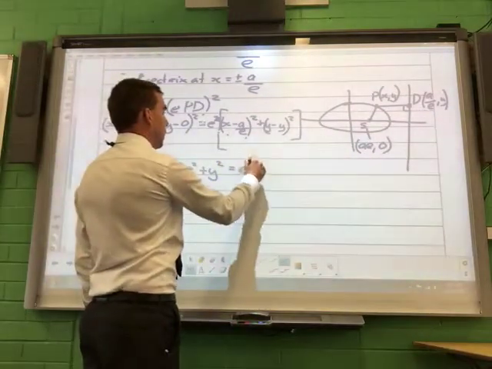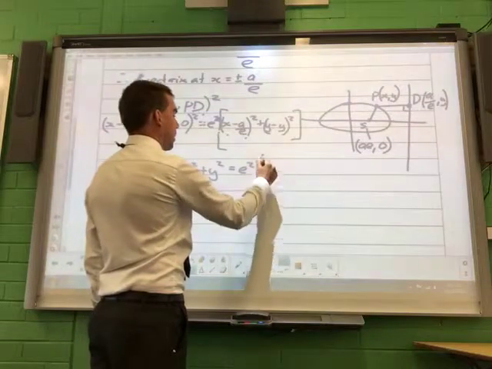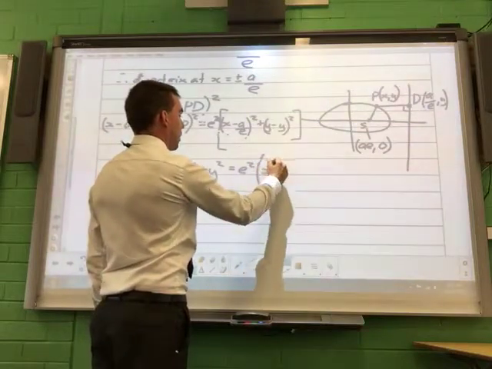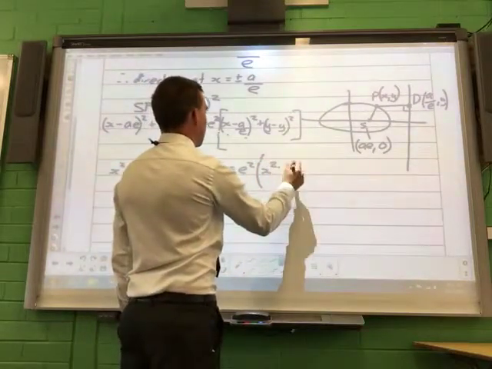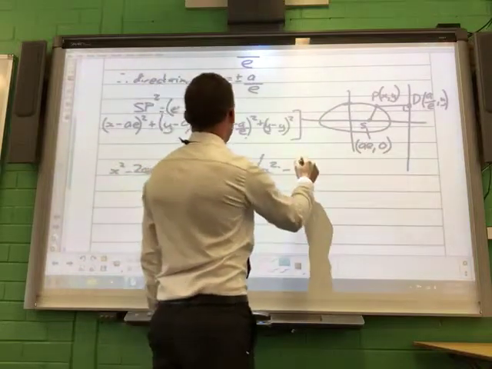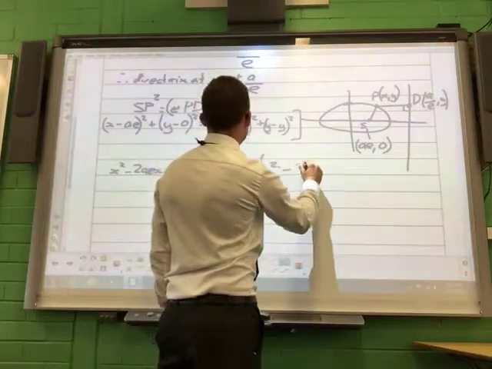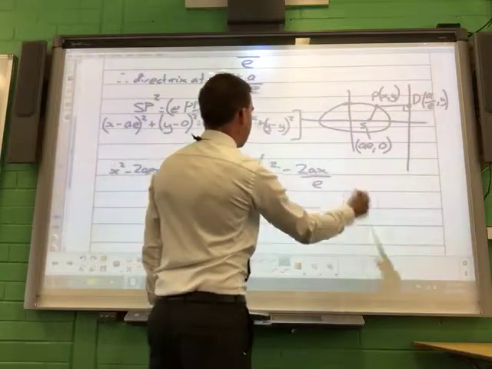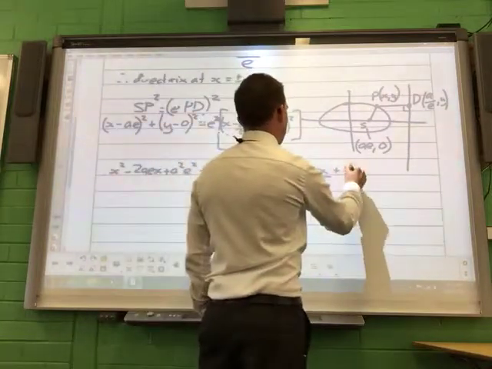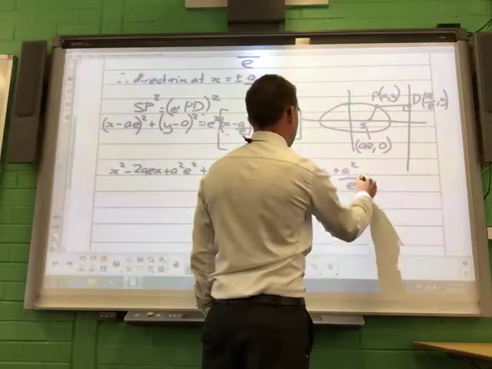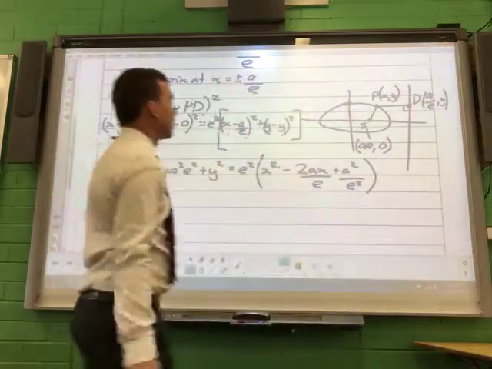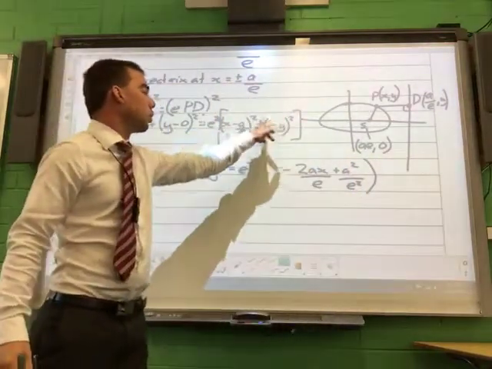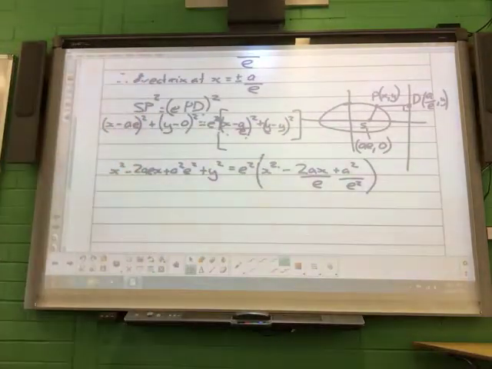Must equal e squared, x squared minus 2a x over e, and of course y take away y is 0, so we can remove that part.